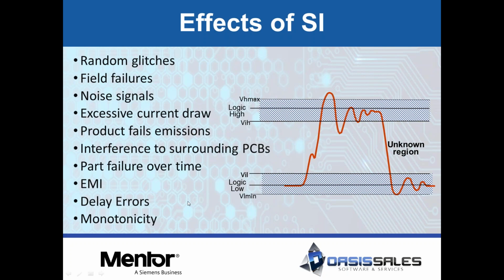So your product may have large field failures. This could also be induced by signal integrity. Again, you never know how your device is going to be used out in the real world. You try to do your best in engineering to reproduce those scenarios, but you still never know how something's going to be used by an end user.